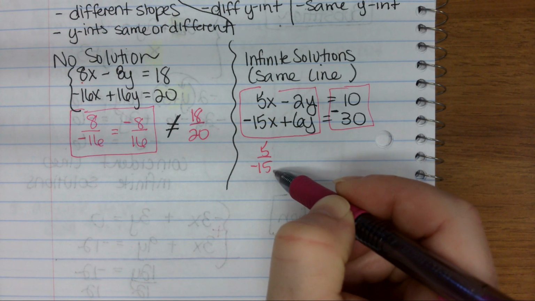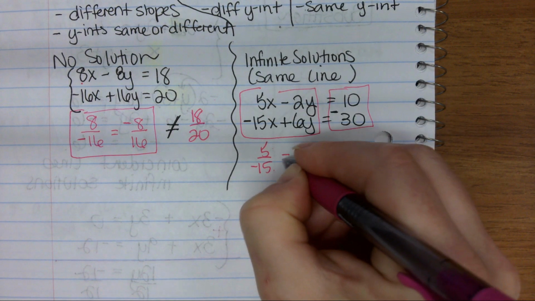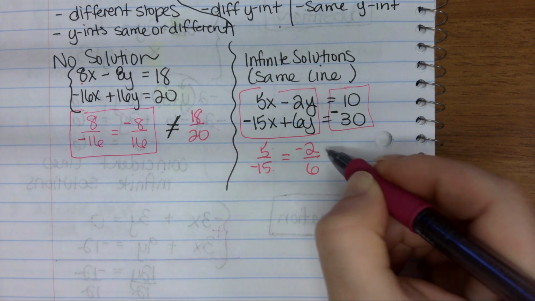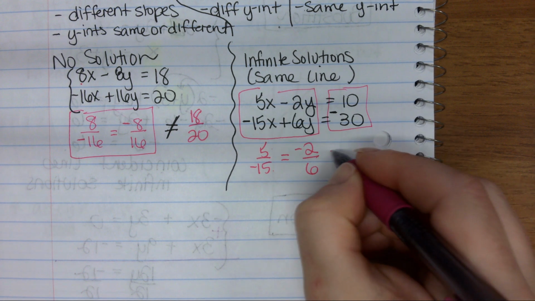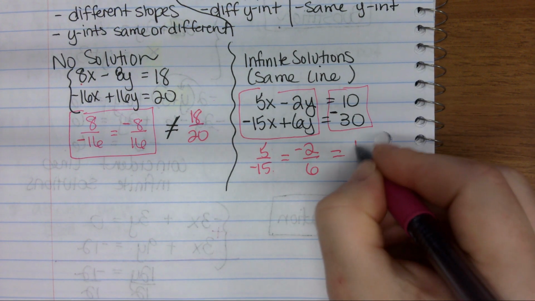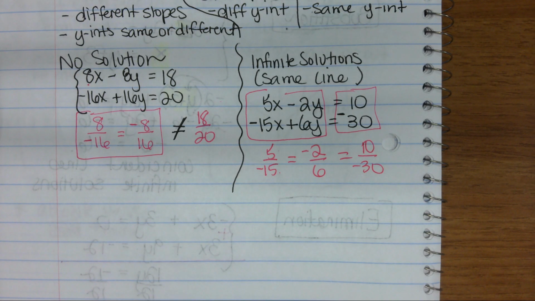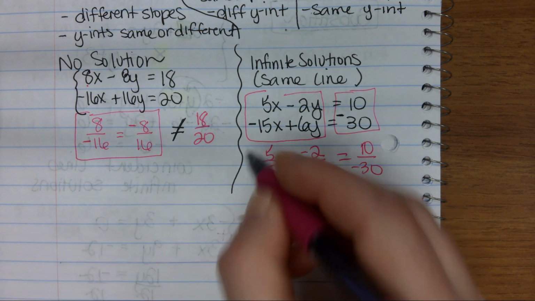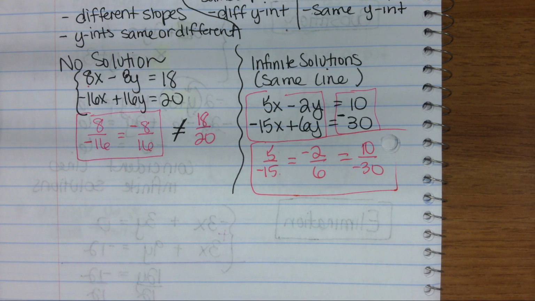That's equal to negative 2 over 6. Again, is it negative 2 times negative 3 give me a 6? Yep. But then it's also equal to this. And so that characteristic is what you want to use when figuring out that question.